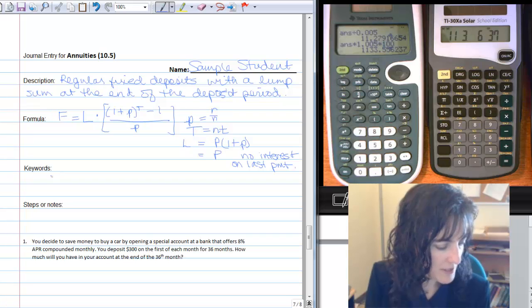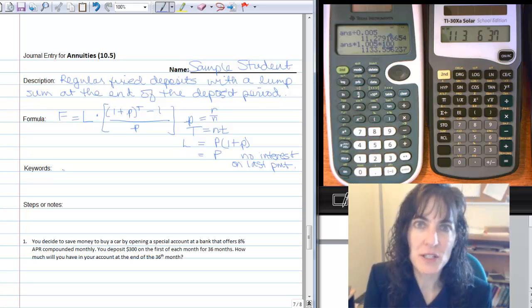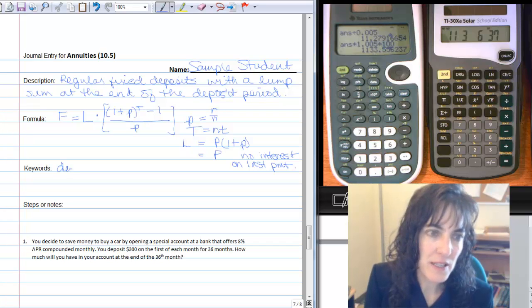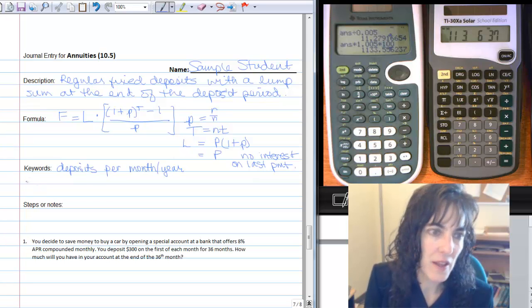So keywords that tell us that we are going to need to use the annuities formula, you might see deposits per month or per year, and then a big chunk at the end.